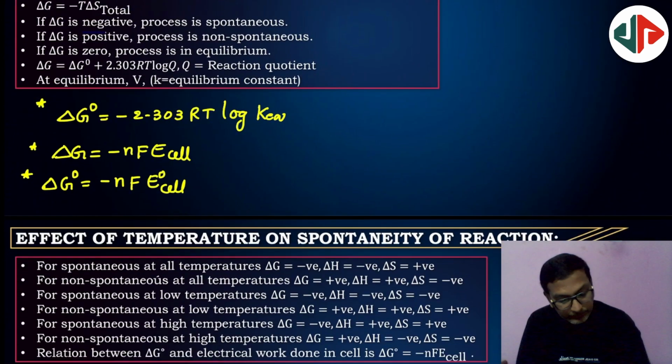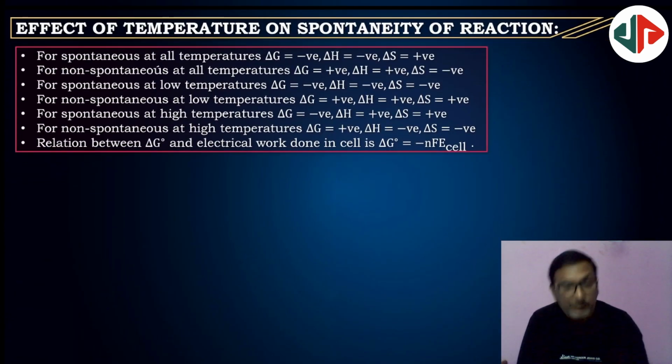Next, effect of temperature on spontaneity of a chemical reaction. Spontaneous at all temperatures: delta H negative, delta S positive. Non-spontaneous at all temperatures means the reverse: delta H positive, delta S negative.